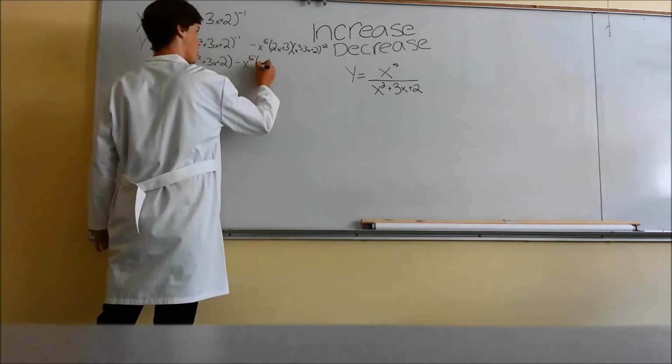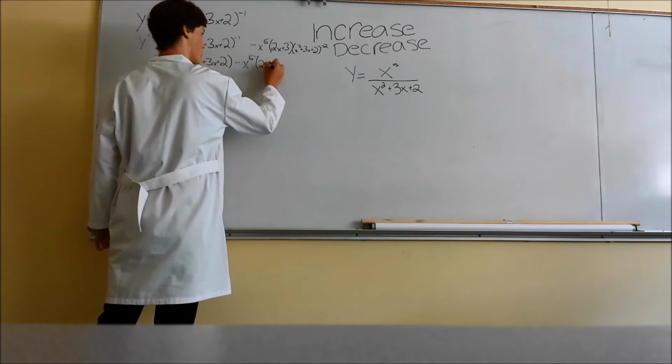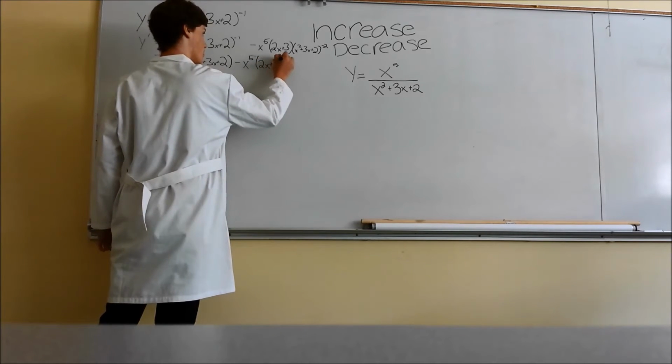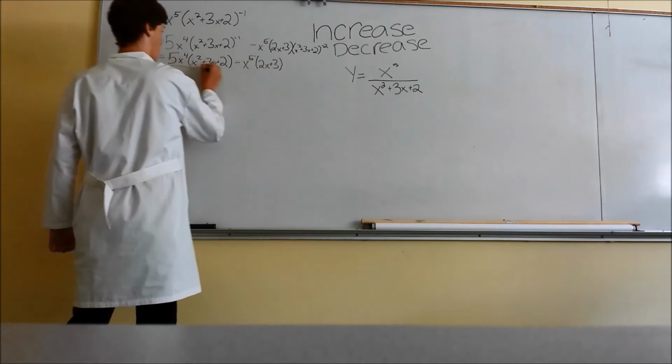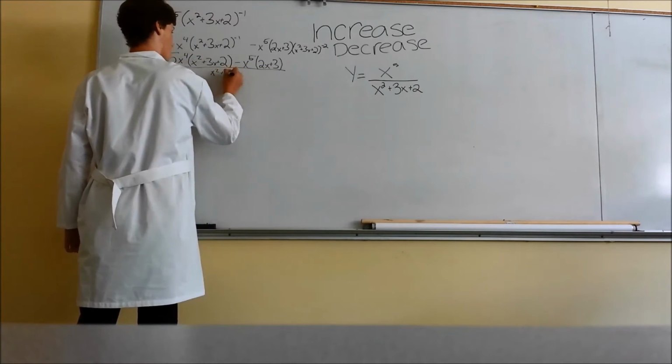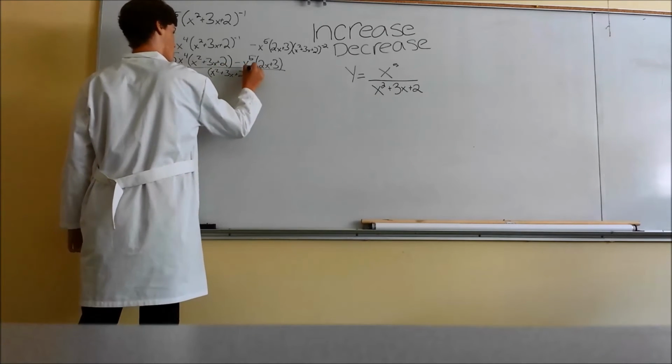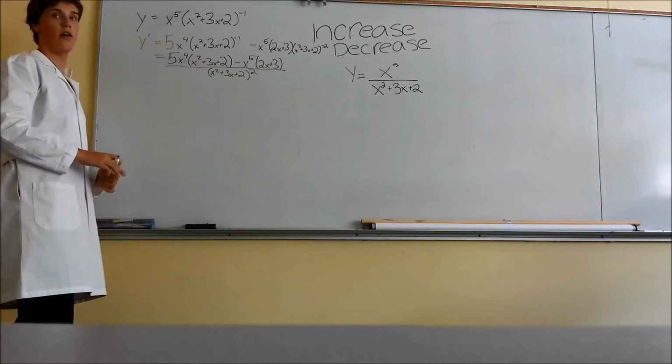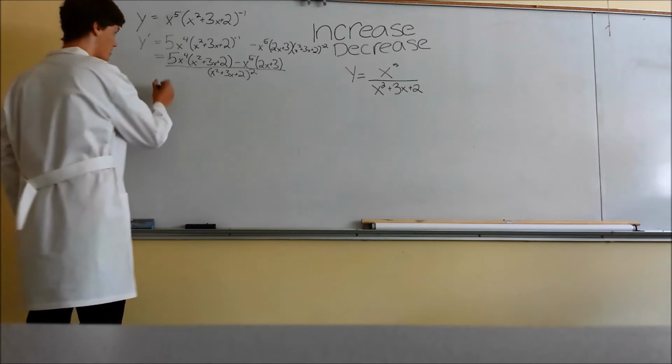Negative x to the 5 times 2x plus 3. And this is now all over x squared plus 3x plus 2, squared. Our next step is to expand the brackets.